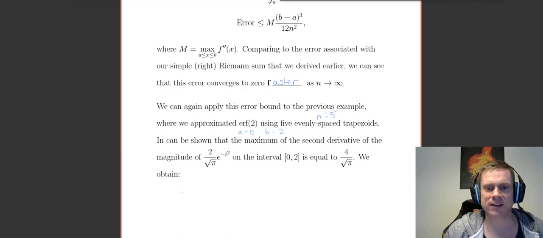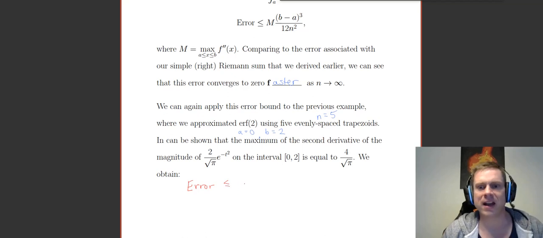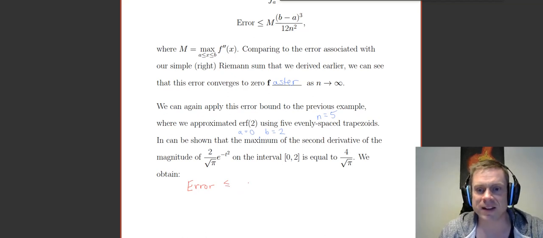What we obtain at the end of the day is that if we take for granted that formula from the top of the page, the error has got to be less than or equal to M, which is this bound on the second derivative, 4 over root pi, times (b minus a) cubed over 12 n squared, so (2 minus 0) cubed over 12 times, well, our n was 5, so 5 squared.